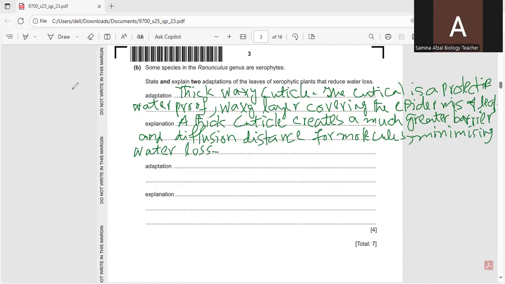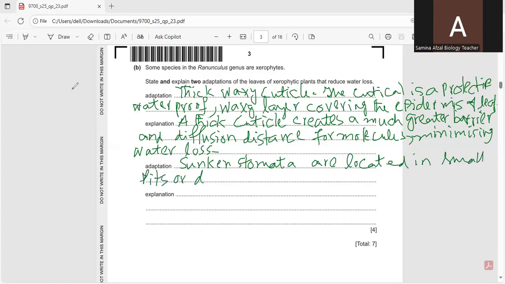The second adaptation can be the sunken stomata. Sunken stomata are located in small pits or depressions below the leaf surface.